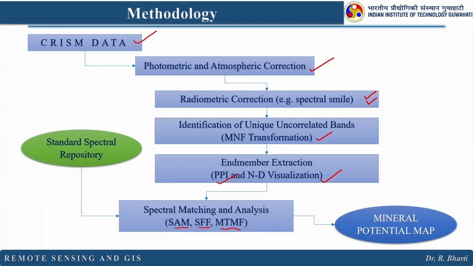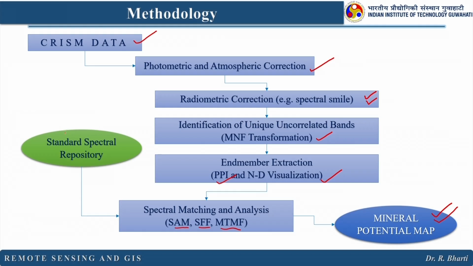Once you do that, anyway you will get a classified image. But is it meaningful information? No, unless we resolve our end members extracted from the image with respect to the spectral library, this classified image has no meaning.